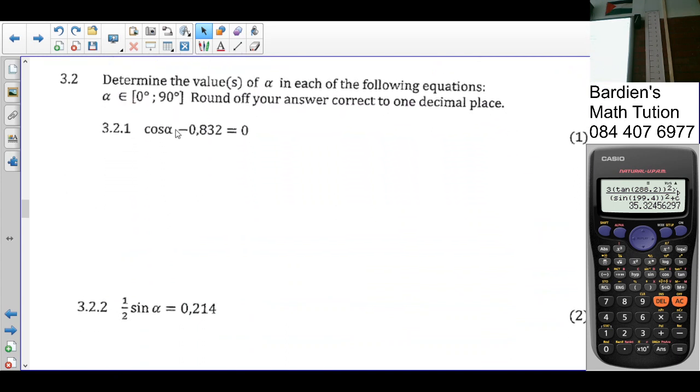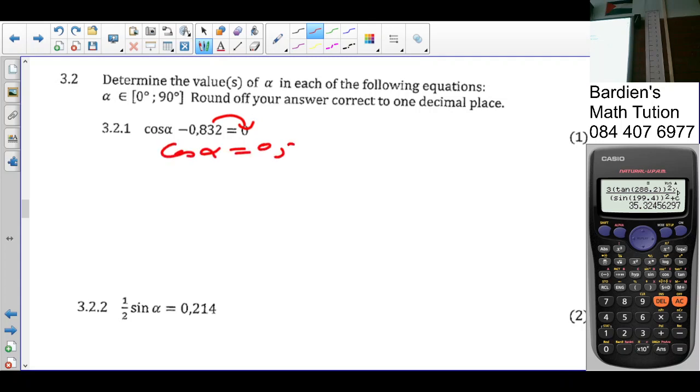3.2. The question says determine the values of theta in each of the following equations. Alpha is an element of 0 to 90, which means to say the alpha angle is an acute angle, or you can throw it in the first quadrant. Round off your answer correct to 1 decimal place. So here you were explicitly instructed that your answer should be in 1 decimal place.